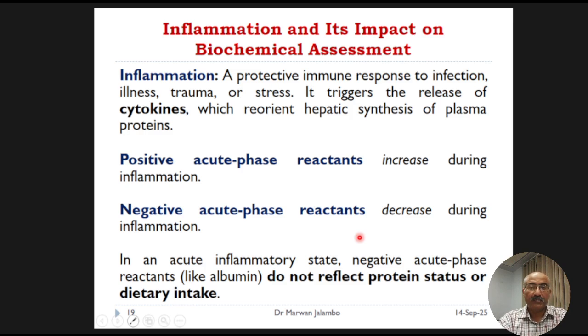This drop does not reflect the patient's protein status or their recent dietary intake. It reflects the inflammatory process itself. So let us look more closely at which proteins fall into each category.